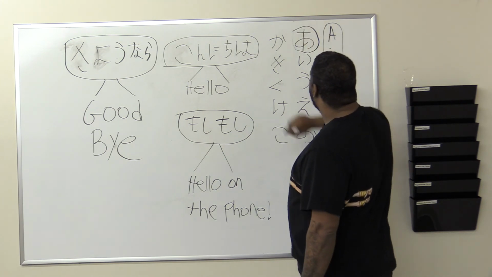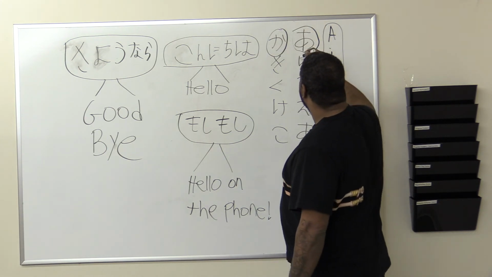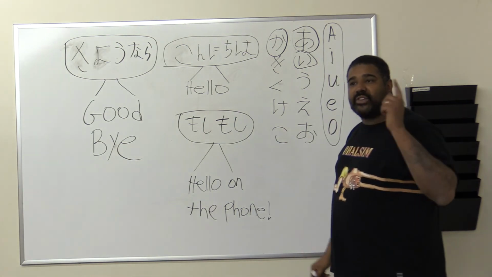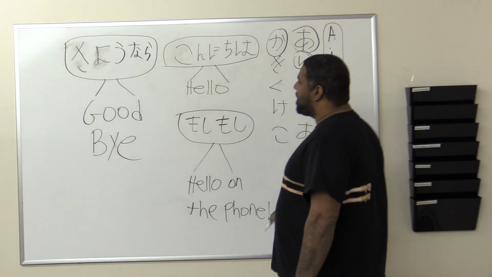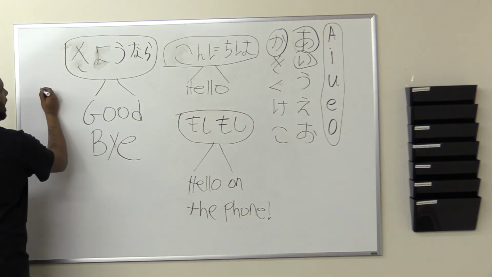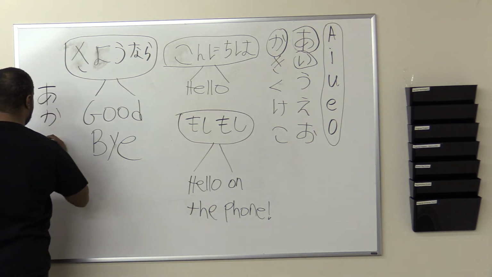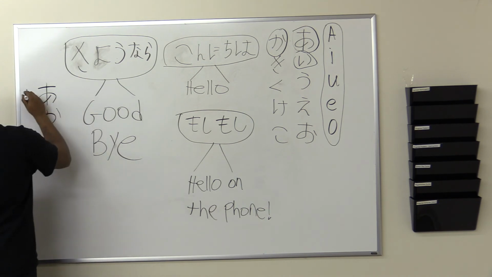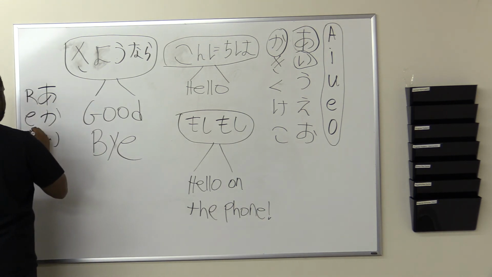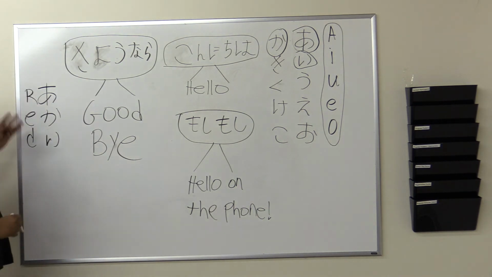Circle ka, i, akai, which means red. So we have akai right here. Akai is red.